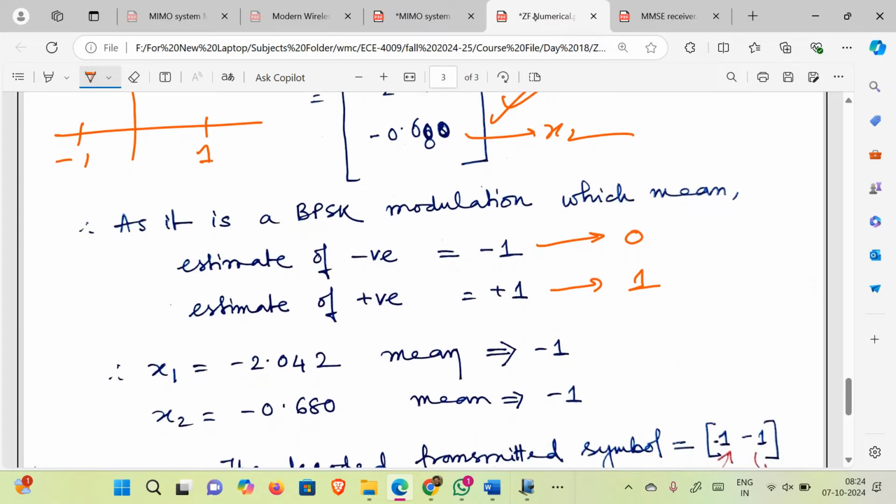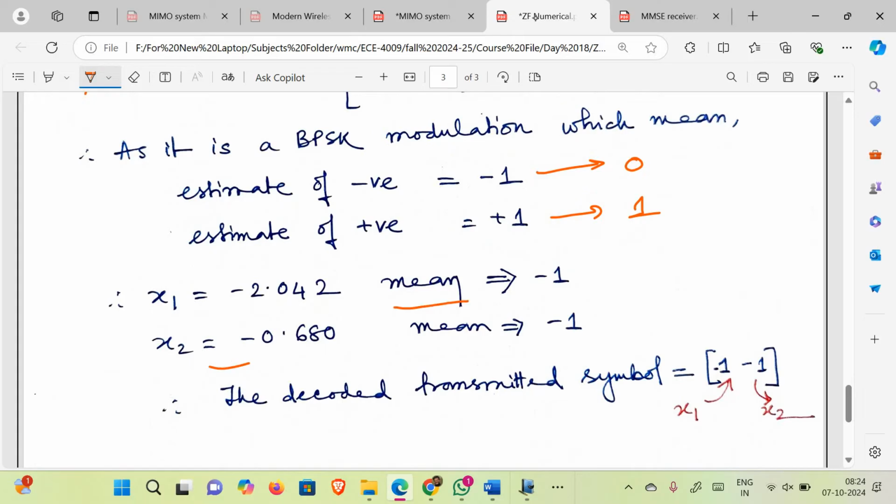Now given the values of X1 and X2, we can say they relate to -1 only. You can see both of them are negative values. As per our logic, a negative estimate means it's a -1. Hence X1 is nothing but a -1, whereas this one is also negative, so it is -1.